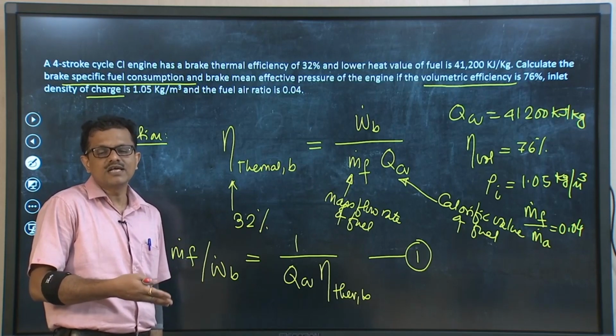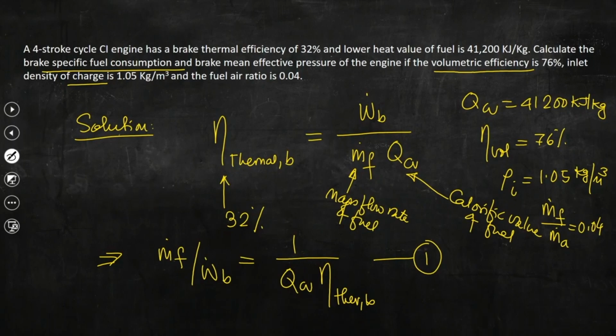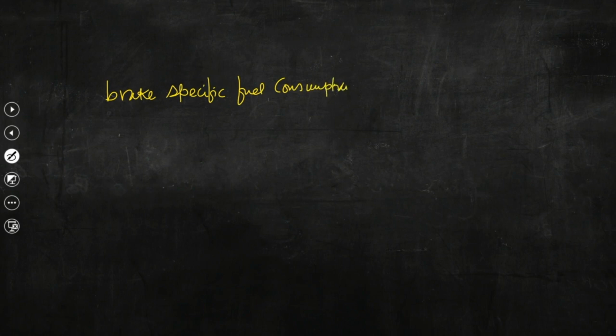If it is B, then it is brake specific fuel consumption. Now let us move to the next slide: brake specific fuel consumption, that is BSFC.